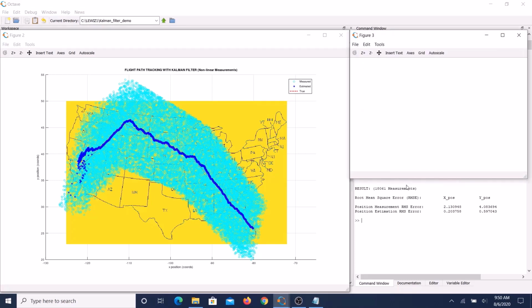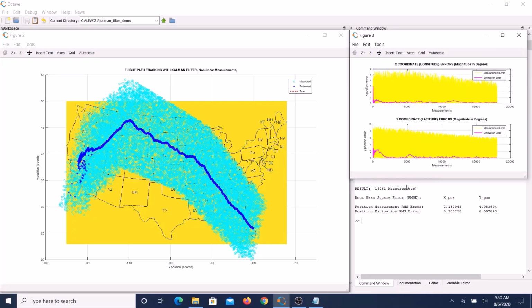Now we can see the final errors being printed. Now to actually compare these two different configurations of using extended Kalman filter, we will go to the result log file.